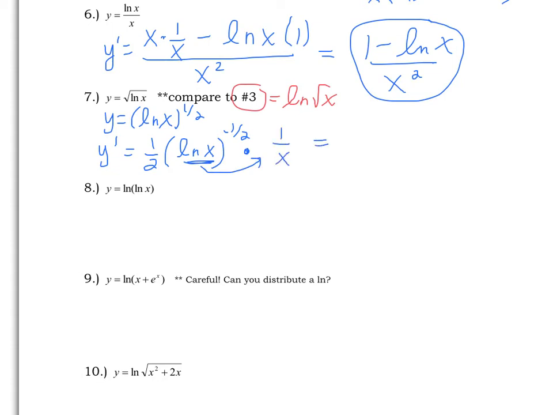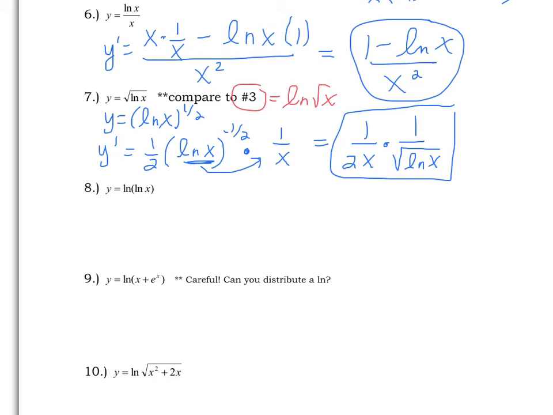If we clean this up a bit, we can write this as 1 over 2x times 1 over the square root of ln of x, if we wanted to get rid of the negative power and rewrite it as a radical. So this is one possibility for your answer. Again, if it's multiple choice, that's what you're likely to see.